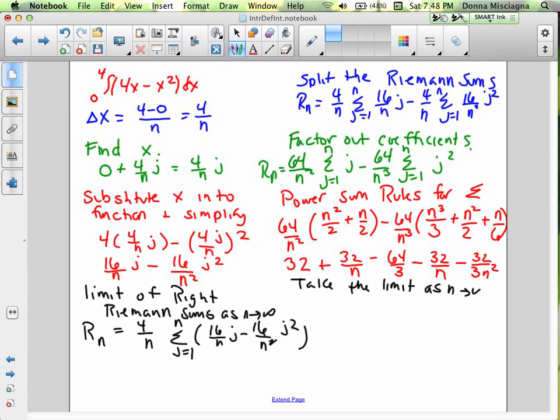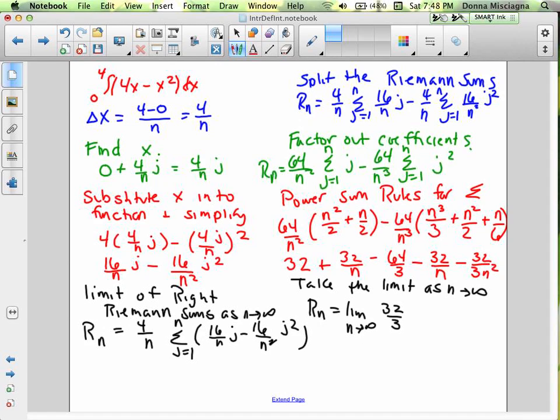As n goes to infinity, that would be R subscript n, the right Riemann sum with n partitions. The right Riemann sum with an infinite number of partitions is the limit as n goes to infinity of, let's combine the 32 and the 64 thirds. So 32 times 3 is going to be 96. 96 minus 64 is going to be 32 thirds.